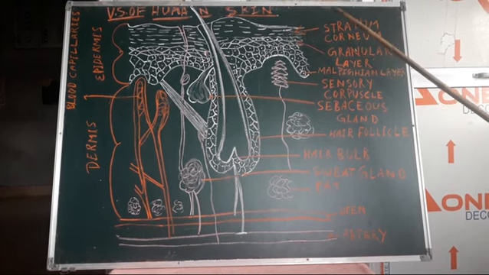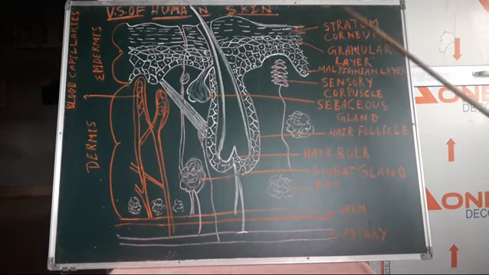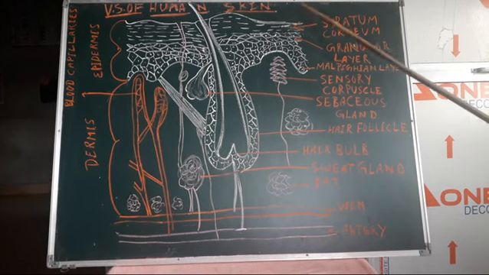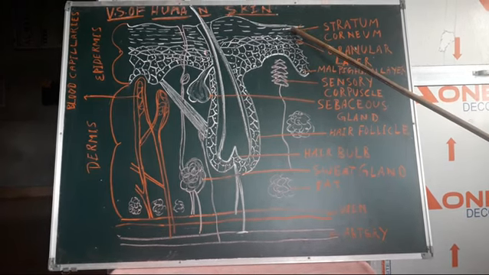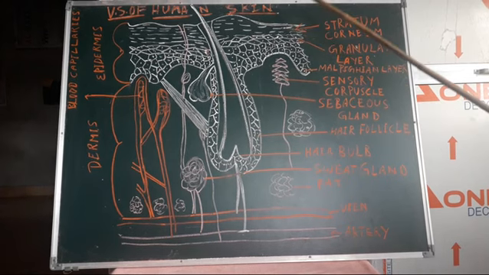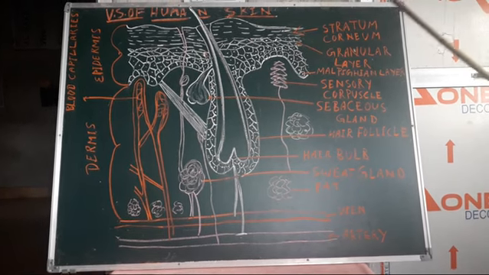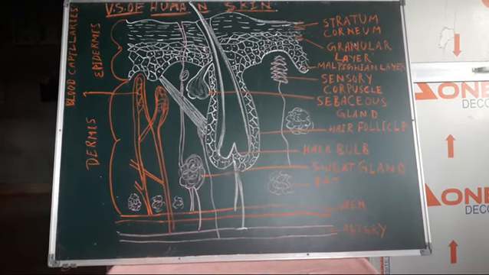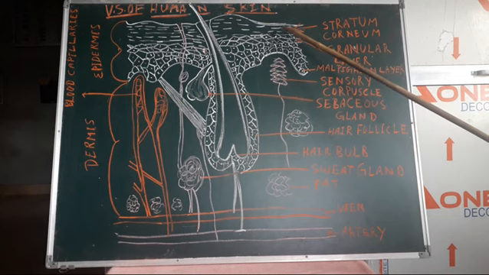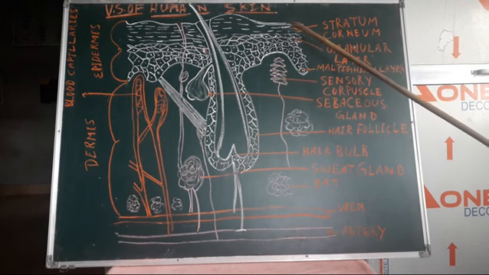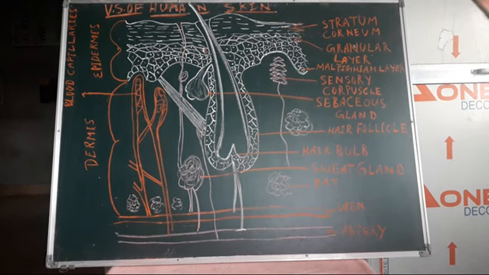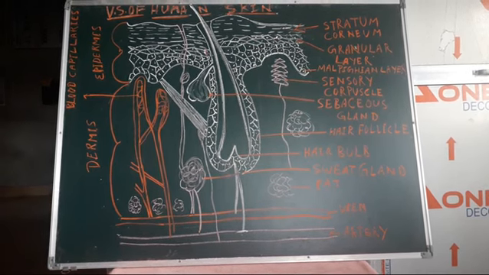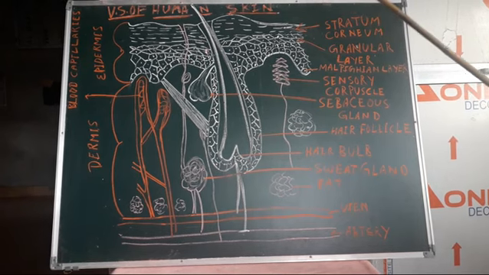In some parts of our body it is very soft and thin, like the eyelid, and in some, like palms and heels, it is hard and tough. Stratum corneum is devoid of blood vessels. That's why sometimes if a little scratch takes place, there will be no pain and no blood comes out.